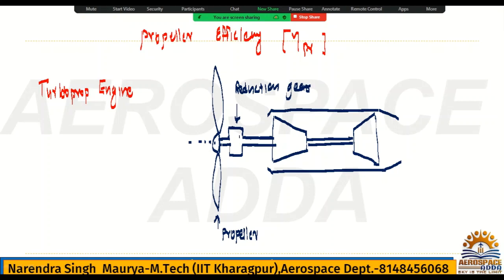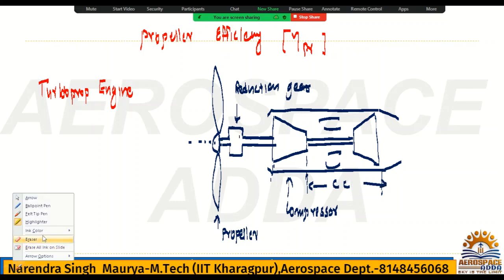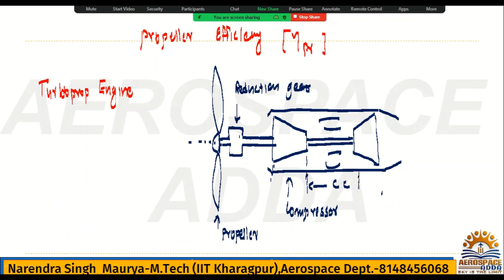And obviously this is the compressor. This is the combustion chamber, CC, up to here.